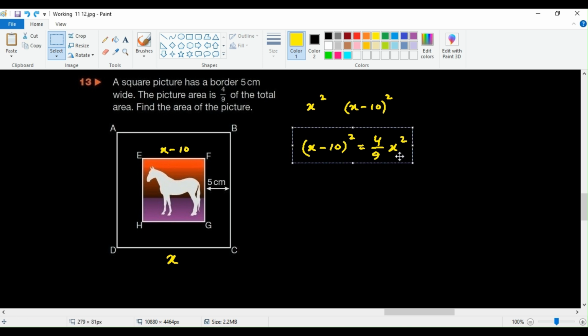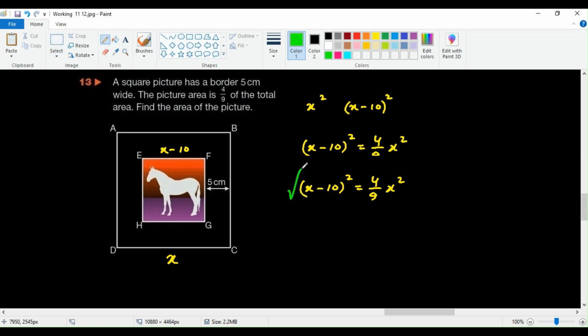I will do a little trick here, copying down this one, and I am going to take the square root from both sides. So this square is going to be cancelled with this. So this is going to be x minus 10, and this is going to be 2 over 3 x.